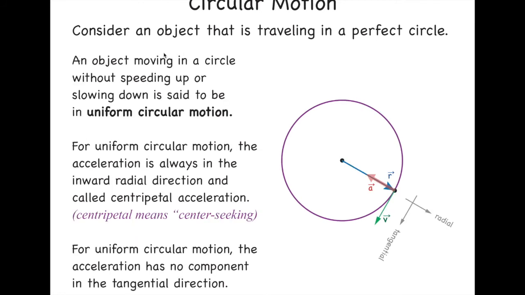So an object moving in this way, that is moving in a circle without either speeding up or slowing down, is said to be in uniform circular motion. For uniform circular motion, the acceleration is always directed inward in the radial direction.